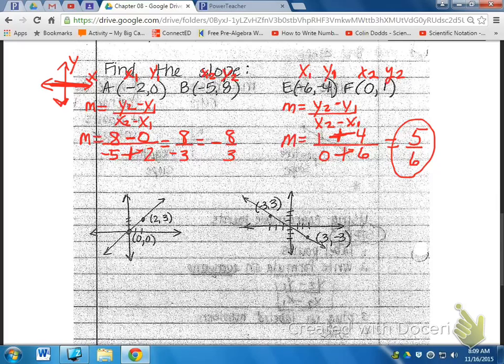All right, so I told you there's like 3 different ways we're going to do this. The first one is using this slope formula. The second way is counting rise over run. So let's look at these and I'll show you what you do. They have 2 points marked.